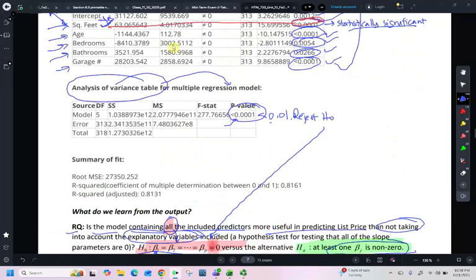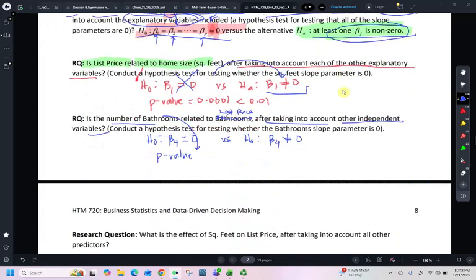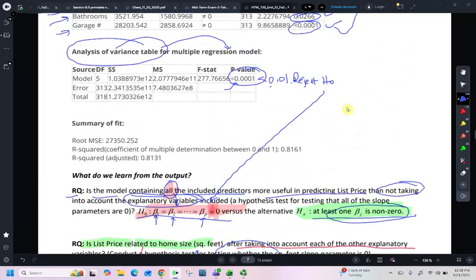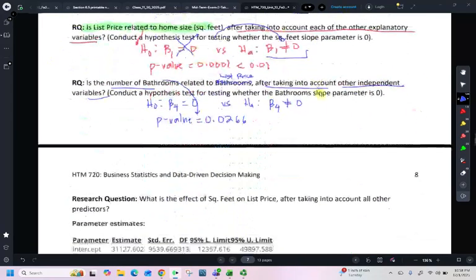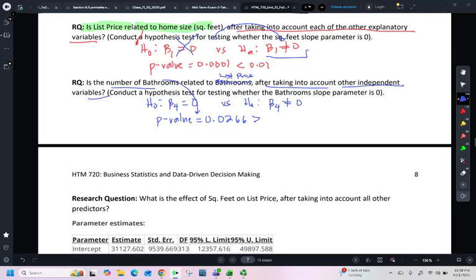Let's go back to the output. That is 0.0266. Okay. Looking at this, we can see that this is greater than our alpha, if chosen to be 1% level of significance. So this time, we do not reject the null hypothesis.